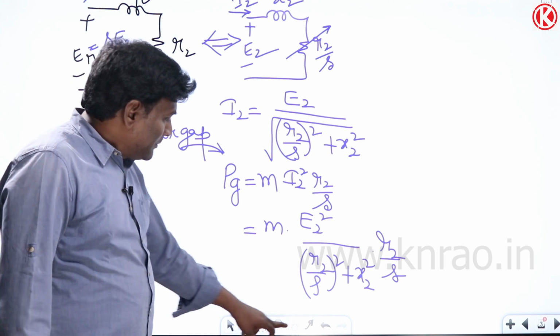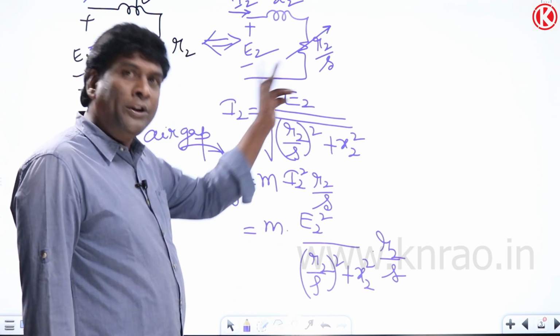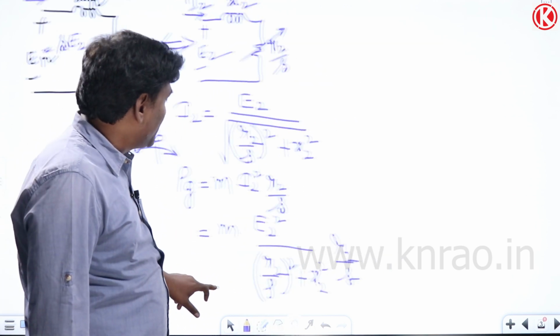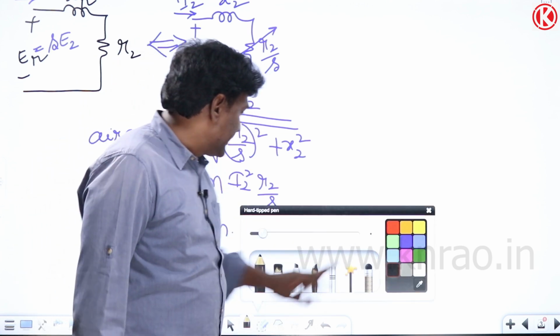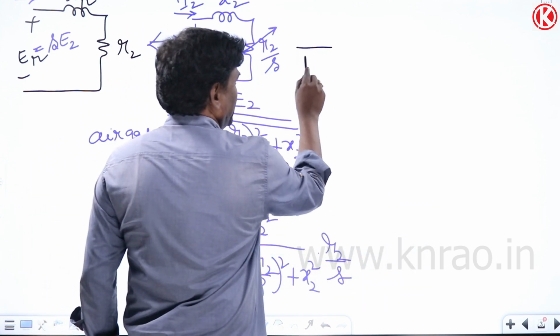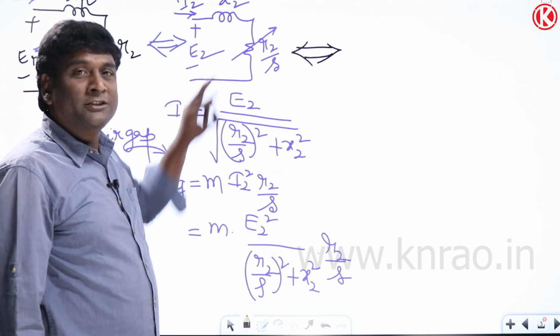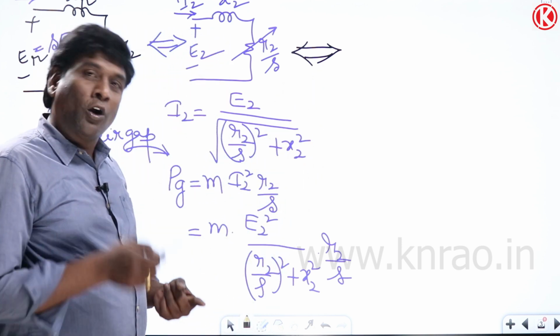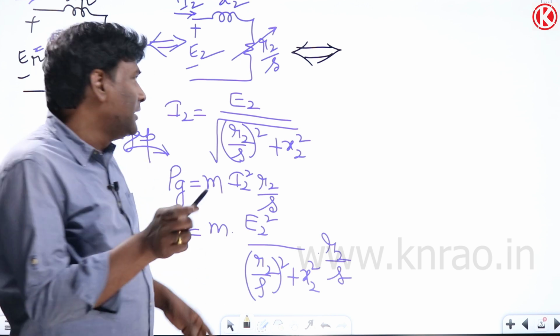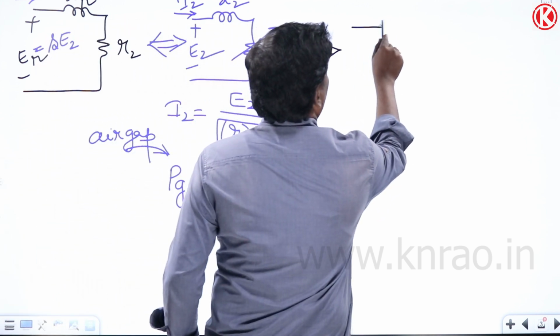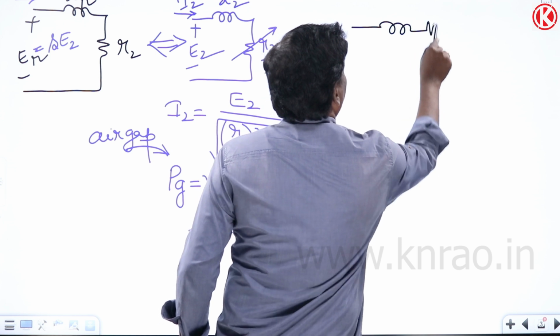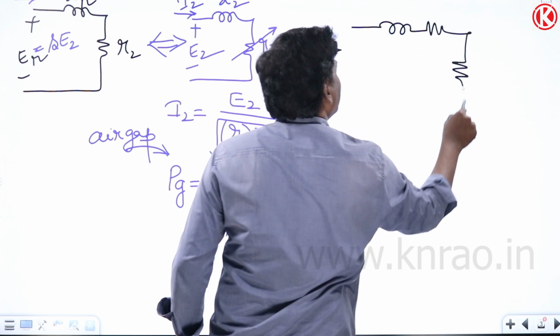Now let me transform the same model into an equivalent model. Let me use black again. If I transform this into an equivalent circuit, I can divide this R2 by S into 2 terms. For example, rotor reactance, rotor resistance, and some other external resistance.